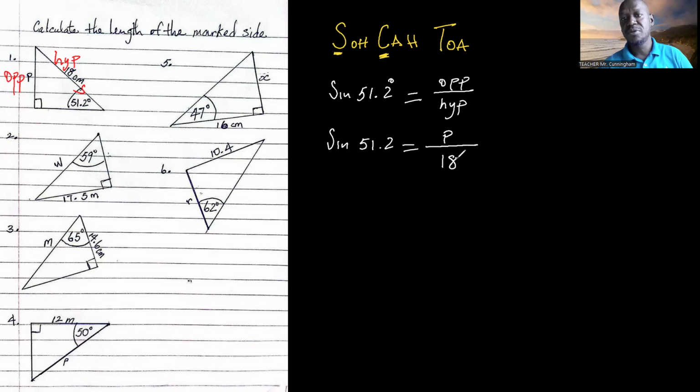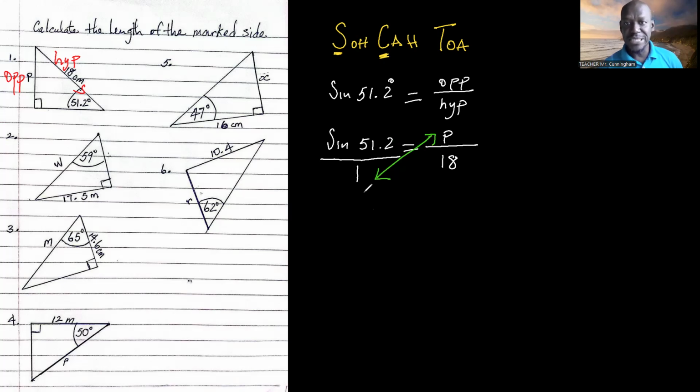Now, people, this is what you need. Notice my equal sign under equal sign. I'm just going to put the sine of 51.2 over 1. And then I'm going to cross multiply. I cross multiply diagonally. Let's work with the first one.